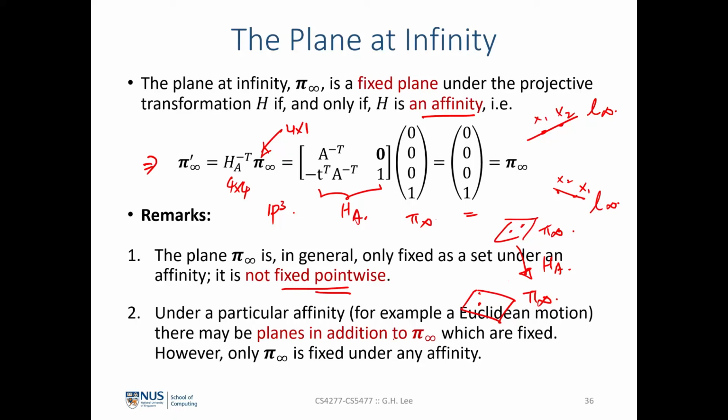And the second remark is that under a particular affinity, for example a Euclidean motion, there might be planes in addition to pi infinity which can be fixed. What this means is that under a certain affinity matrix H_A, in addition to pi infinity that will stay fixed under the transformation, there could also be other planes, for example pi_i, that undergo this H_A and could also remain fixed under this affinity.